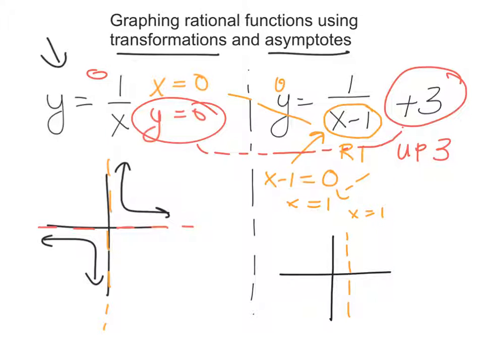So instead of being at y equals 0, it's going to now be up 3 units at y equals 3. And once we know where our asymptotes are, we can see that our parent function just follows those asymptotes as a guide for the general shape. So we can fill in the upper right and the lower left.